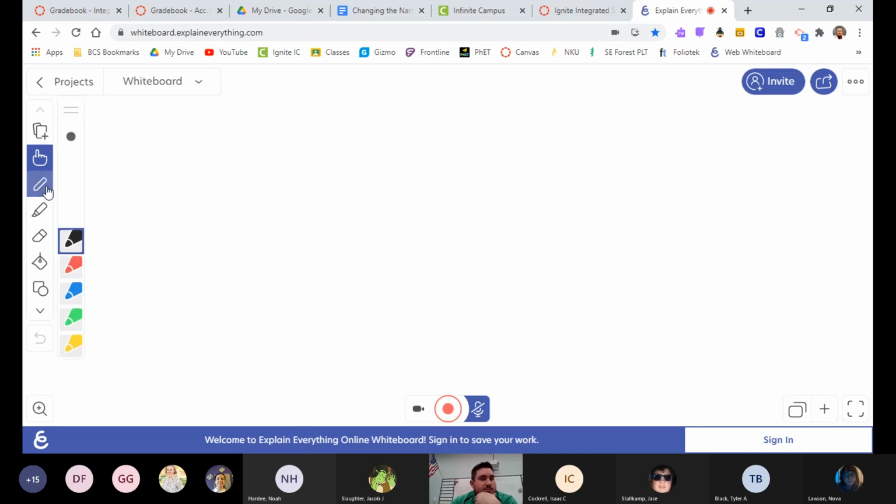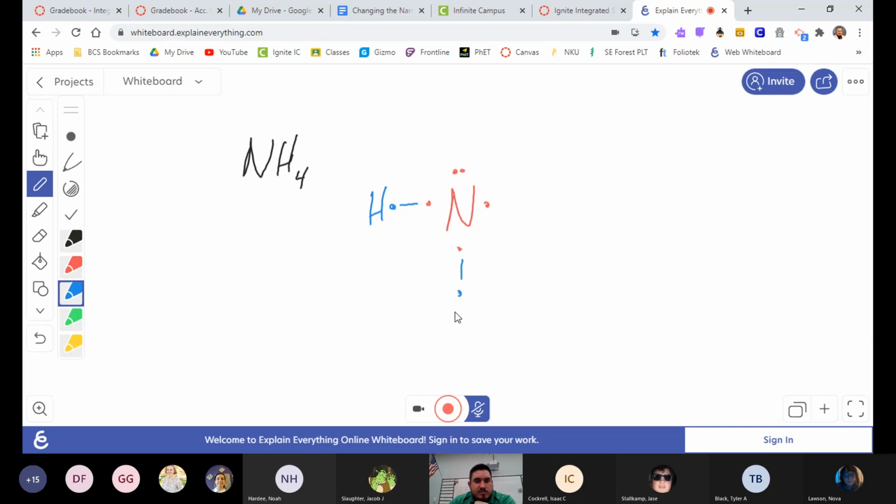So if I have nitrogen with 4 hydrogens, when I try to draw that, 1, 2, 3, 4, 5, and I connect these dots here, if I am going to connect these dots, I have to get rid of that electron. Because these electrons here are not going to bond up. They're already satisfied, they're already happy.